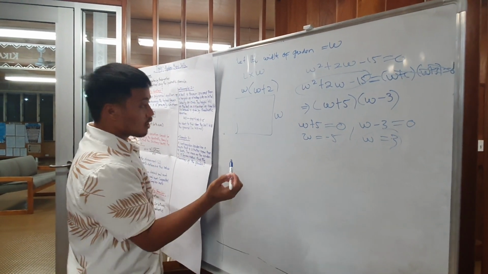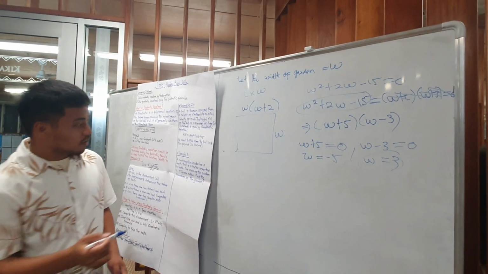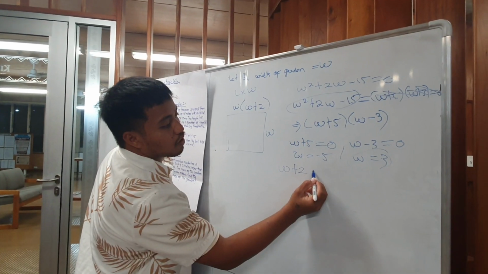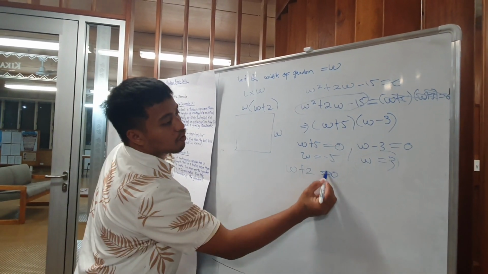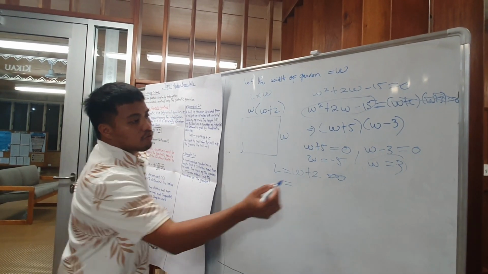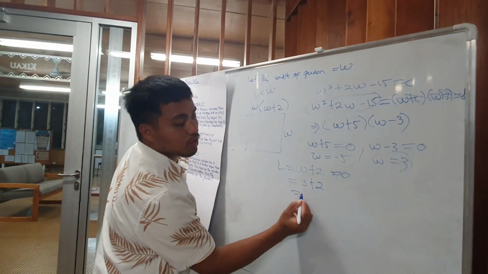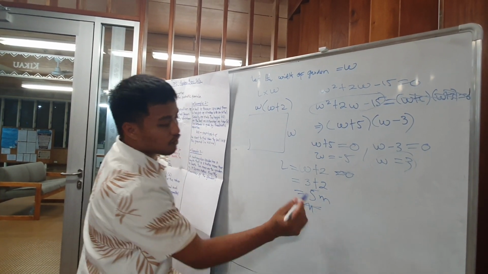So the length: you have the length equal to W plus 2. The width is 3, plus 2, so you get the length 5.